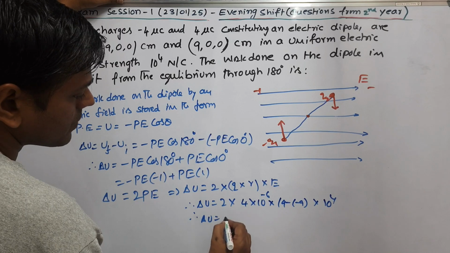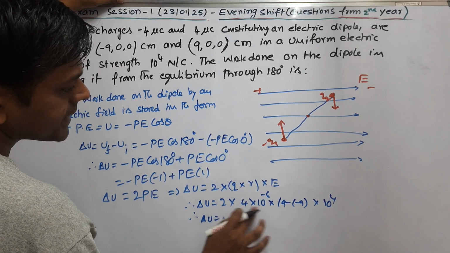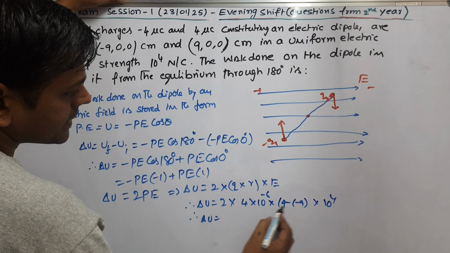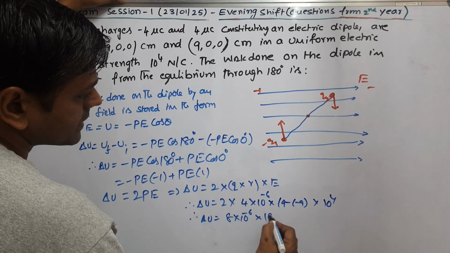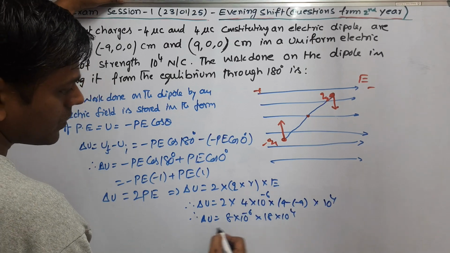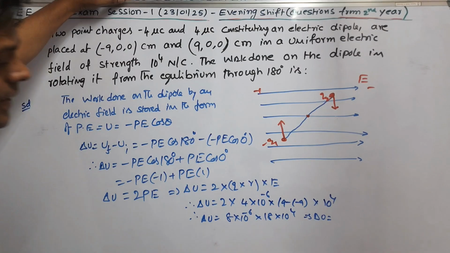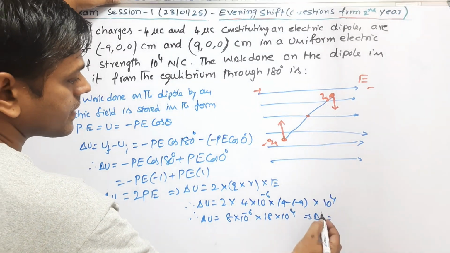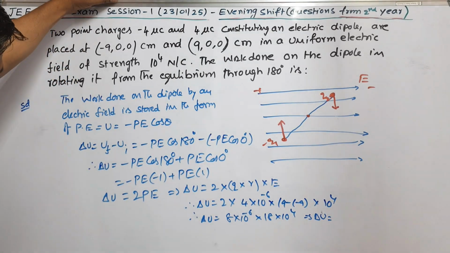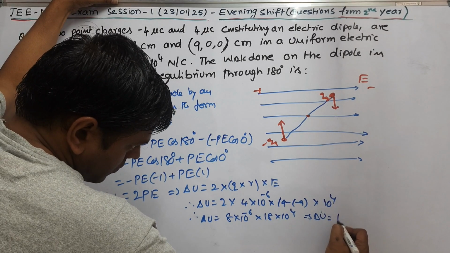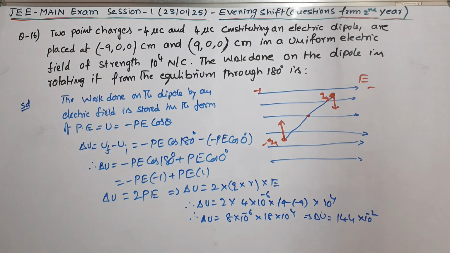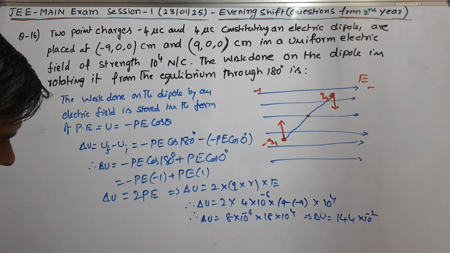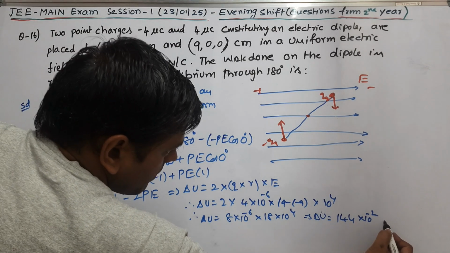Therefore, delta U is equal to 2 into 4, that is 8, into 10 power minus 6 into 9 plus 9, that is 18, into 10 power 4. That implies delta U is equal to 18 into 8, which is 144, into 10 power minus 2 joule.